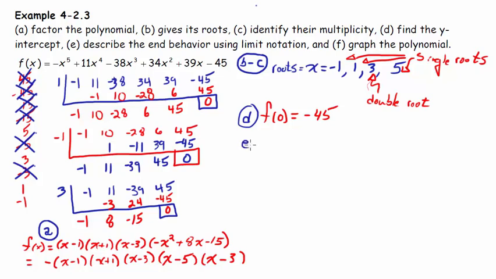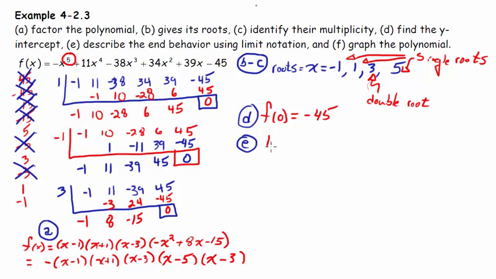Part E, I need to describe the end behavior here. Okay, so we have an odd degree, so we know those ends are going in opposite directions, and because it's negative, as I go to the right, I'm going down. As I go to the left, I am going up.